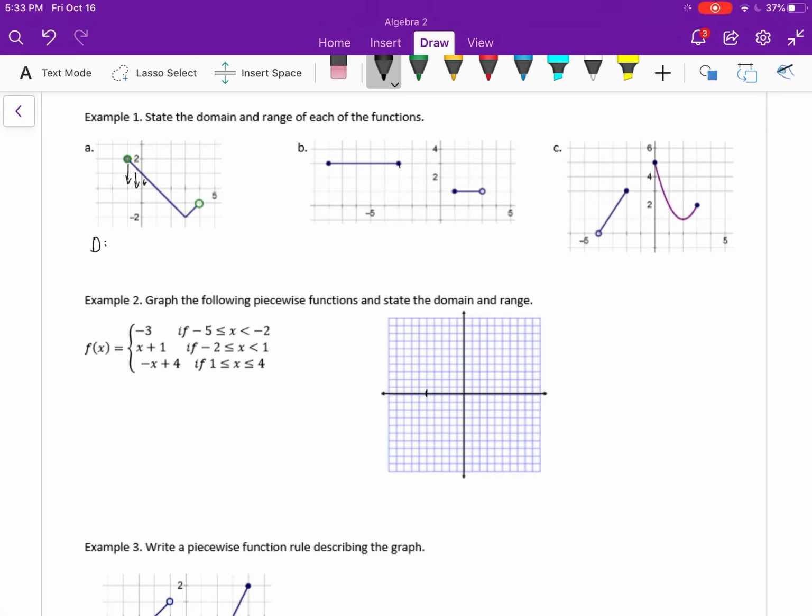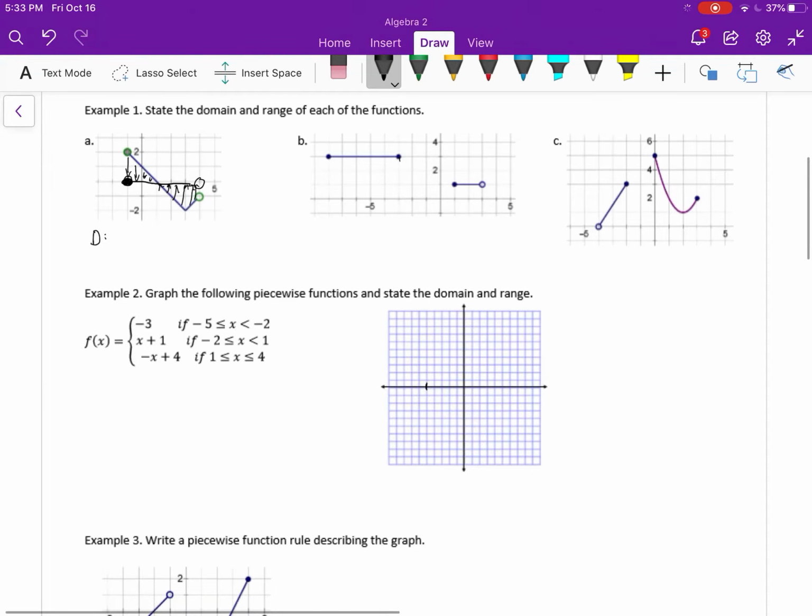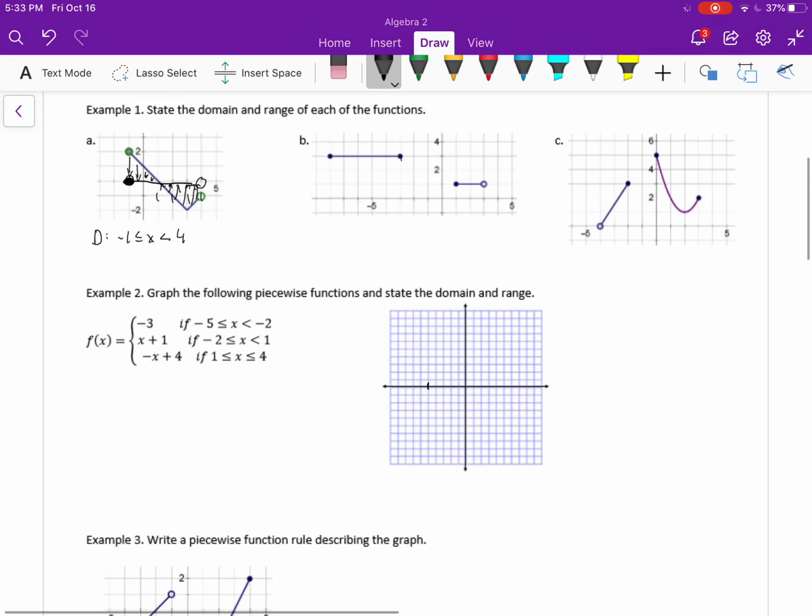So collapse this to the x-axis, whether it's up or down, and we would want to see, well, what's covered on the x-axis? And so the x-axis would be covered from here up to 4, including negative 1. So our domain is negative 1 is less than or equal to x, which is less than 4, because we're up to 1, 2, 3, 4, but we don't have or equal to because it didn't include that.